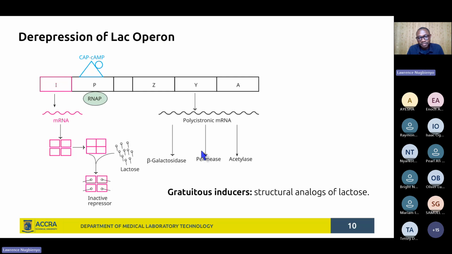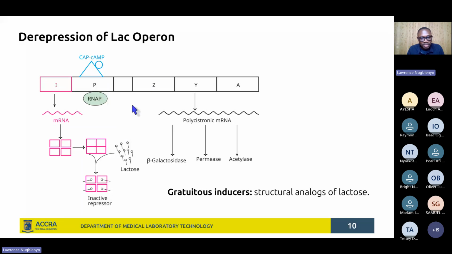Now about permease. So once the process of the expression of the Lac Operon starts, that is when there is the presence of lactose, when lactose enters into the cell.